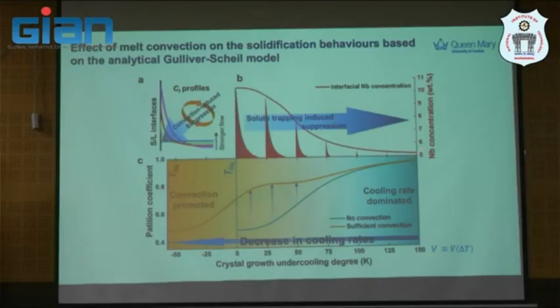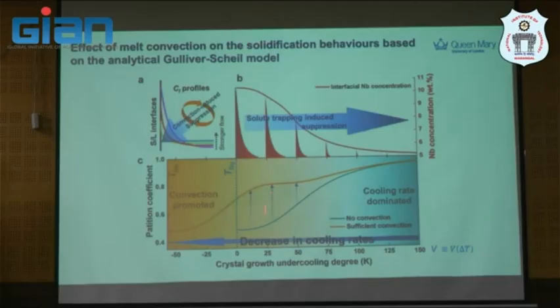It will be from strong to suppress this zone, and that's actually the promotion of this convection actually gives rise to the increase in the undercooling temperature of the crystal growth. So if there's sufficient convection, it will increase the undercooling, and the partition coefficient, which is K, will be increasing.